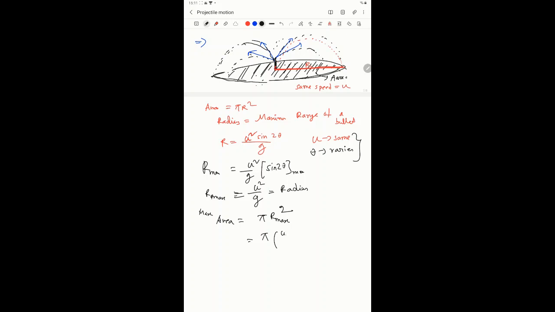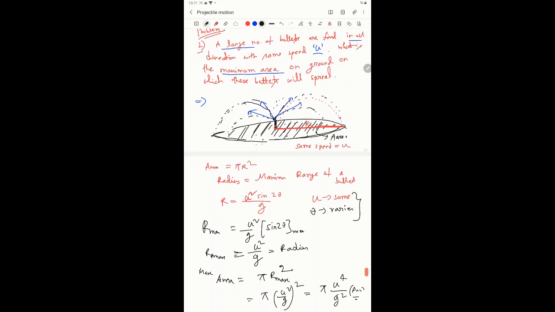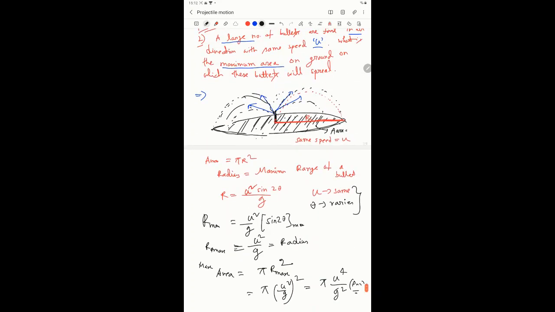R max equals u square by g, so the area equals pi u to the power 4 by g square. This is the answer, the maximum area on the ground over which the bullets will spread. Okay. Thank you.